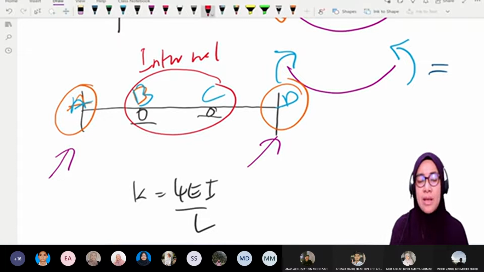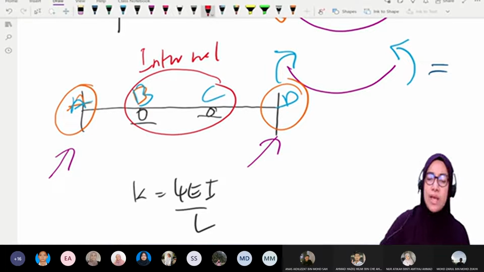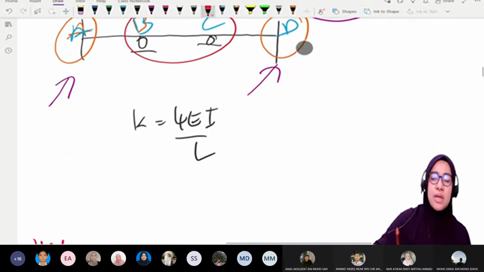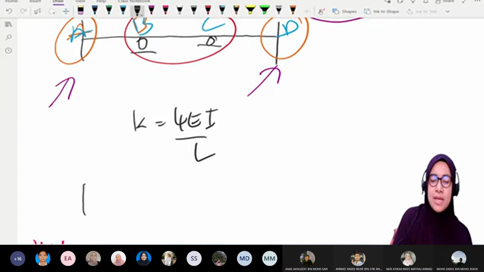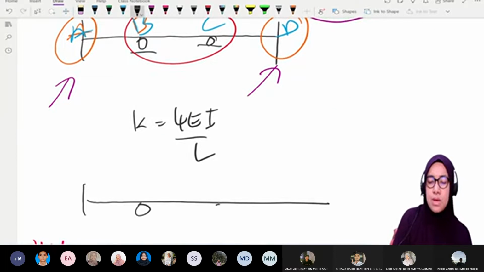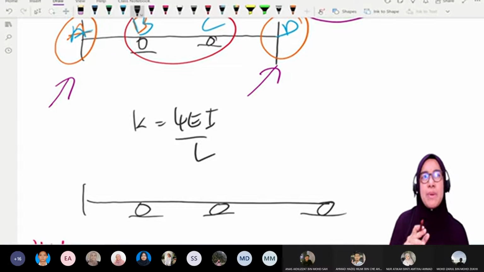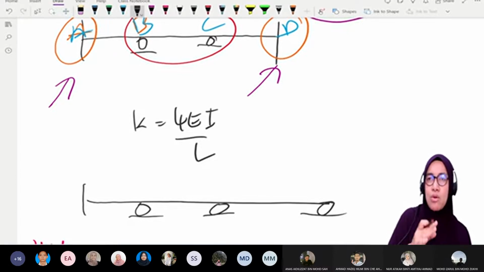That is why bila the term is far end fixed, far end roller, that term for end condition is now referring to A and D, because we can also have a beam like this. Roller, roller, roller, or pin, doesn't matter. Pin dengan roller ni sama sebab kita tak count pun the axial deformation.